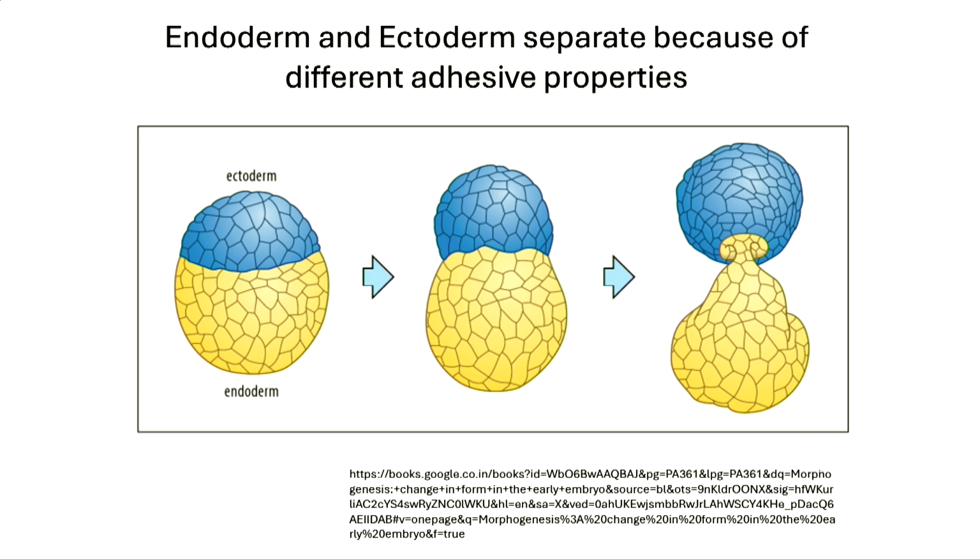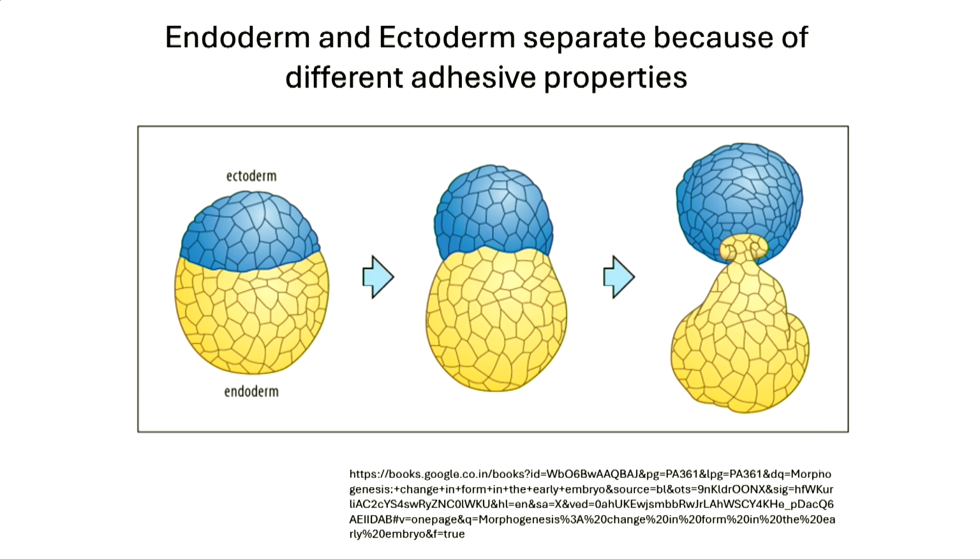Suppose I had an artificial scenario where I take cells from the ectoderm and the endoderm and I mix them up or keep them side by side. It's not like they will mix with each other. They remain separate, and they will separate out in a manner that all the endoderm cells will be together and the ectoderm cells will be together.